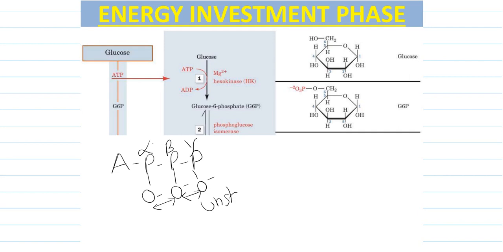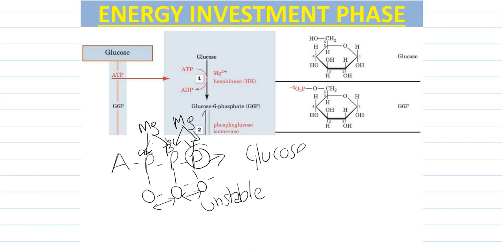What magnesium does is it seals the negative charge of either alpha or beta, or of beta or gamma. When it seals the negative charge of the oxygen of phosphate, the phosphate of the gamma position will be free, so that it is accessible to attach to the glucose. So now the glucose can receive the phosphate to become glucose 6 phosphate.